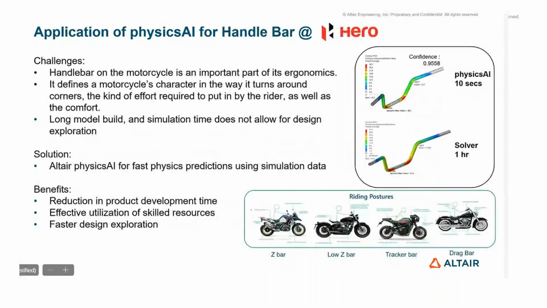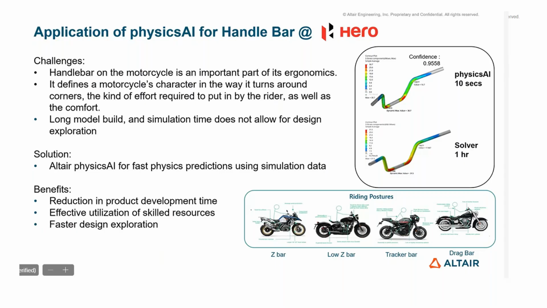Similarly, Hero is the company. The challenge is the handlebar on the motorcycle, which is a very important part of its ergonomics. You may take any Z bar, low Z bar, tracker bar or drag bar, different types of variants in bikes. They have a sports variant and a middle family variant, so the designs of the bars change slightly.